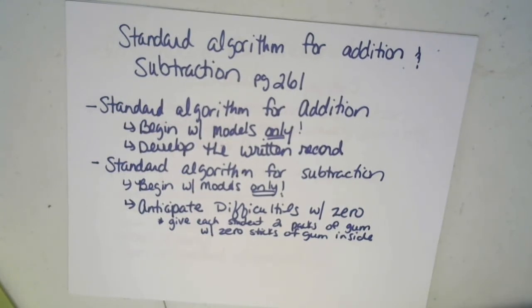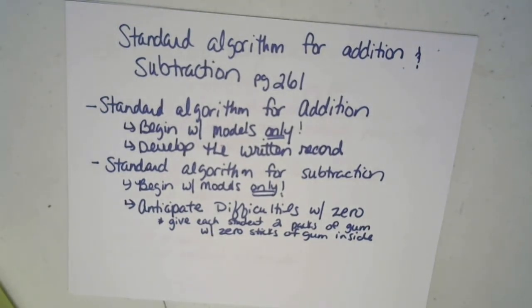The standard algorithm requires an understanding of regrouping, which is exchanging a 10 in one place value for a 1 to the left. The terms carrying and borrowing are obsolete and conceptually misleading. The word regrouping may initially have little meaning to your students, so start with the term trade, because that is what you're doing.